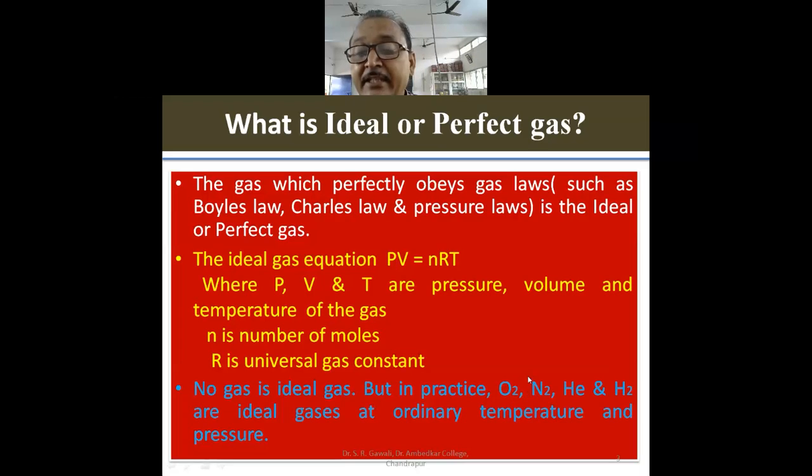But the examples that I have quoted here, oxygen, nitrogen, helium and hydrogen, obey the gas laws only at ordinary temperature and pressure. Other than this, the gas law is not obeyed by the gas molecules.